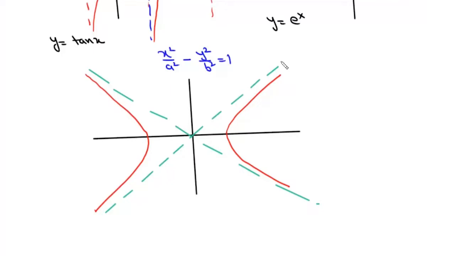Now in this case, this line, which is y equals b upon a x, and this other line, which is y equals minus b upon a x, both these lines are getting closer to the curve, but they'll intersect the curve at plus and minus infinity. In this case, these two are asymptotes.